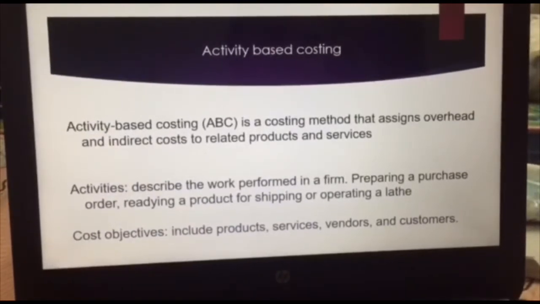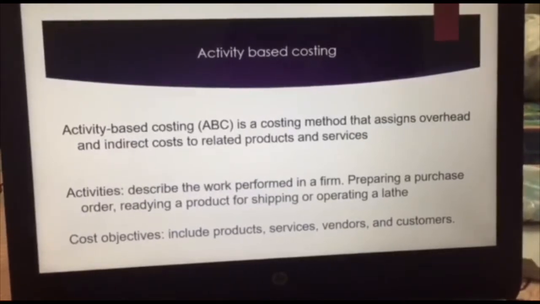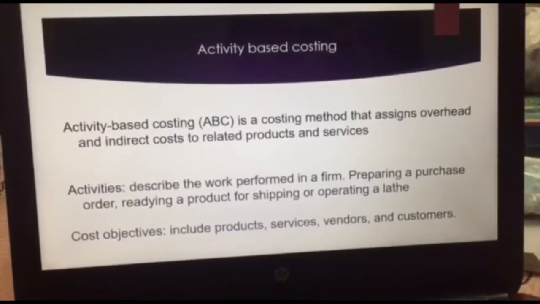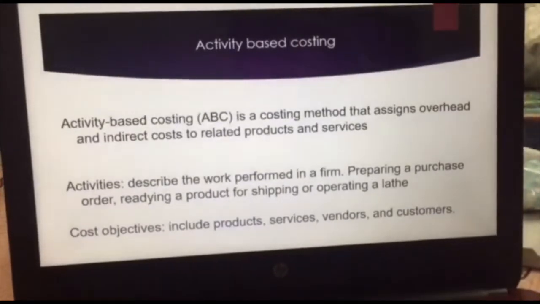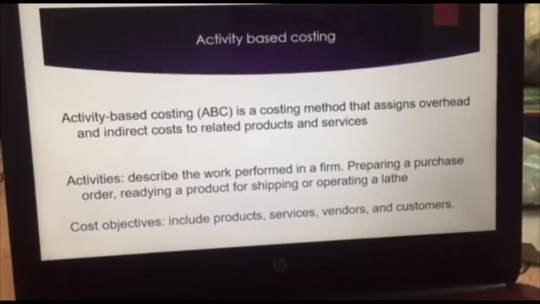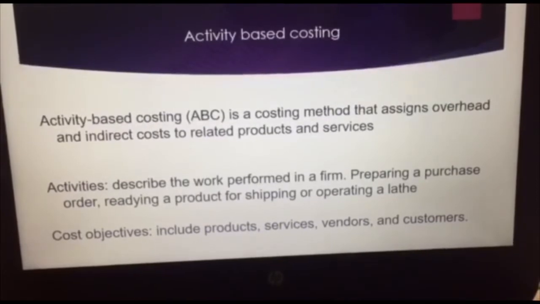The activities of ABC describe the work performed in a firm, such as preparing a purchase order, readying a product for shipping, or operating a lathe. And the cost objects for activity-based costing include products, vendors, and customers.